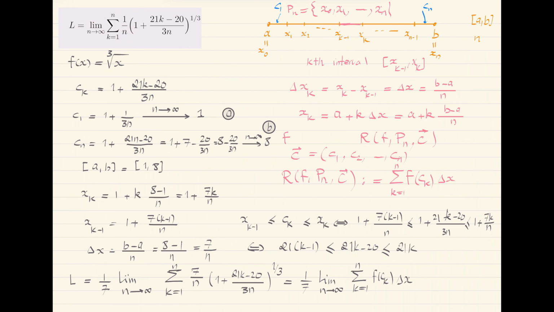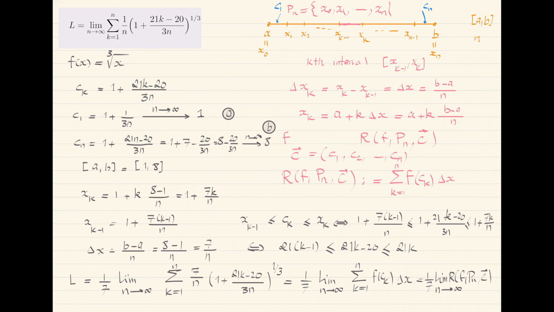If I ask you, what is this? This is exactly your corresponding Riemann sum. So this becomes 1 over 7 times the limit of your Riemann sum. But there is no guarantee that the limit of any Riemann sum exists unless you already know that your function is integrable on the interval that you are working on.